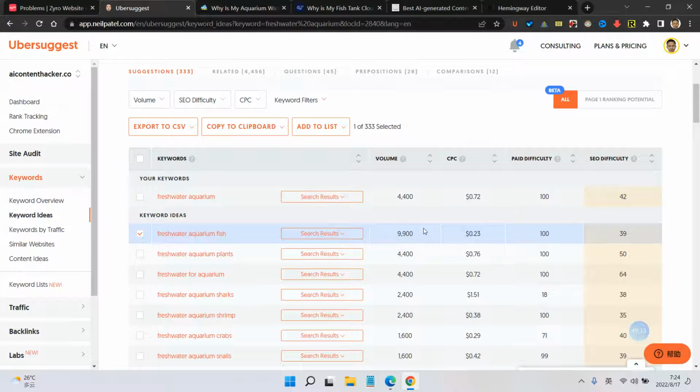I think it should be okay. Then people are going to promote their fish tank with a similar business, or maybe the same business, using this one as their homepage, like they only introduce the fish.